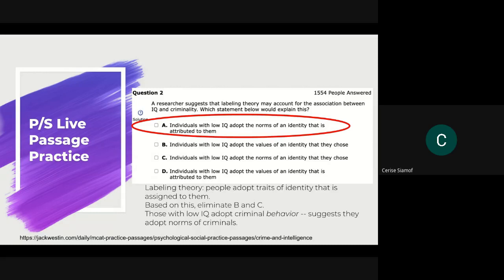So that suggests that they adopt the norms of criminals, which is the identity that is being assigned to them. This doesn't mean that they are adopting the values of this identity because there's no way to get that from the passage. So the most we can infer is that they would be adopting the norms and the behavior, but we wouldn't be able to make a claim about their internal state or their values. So that leads us to A.